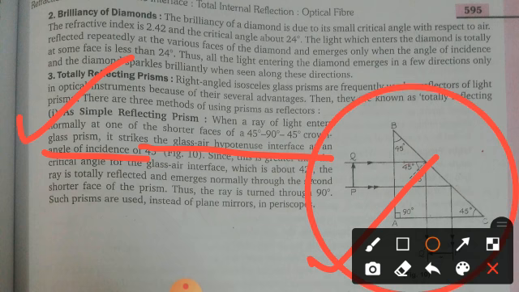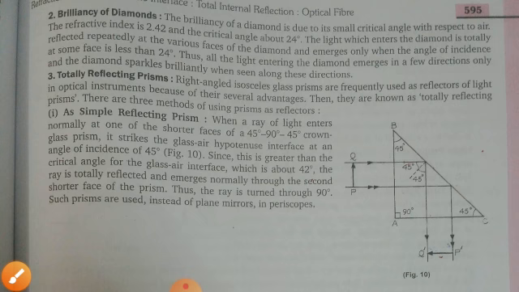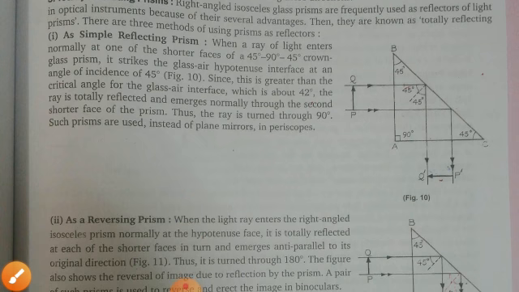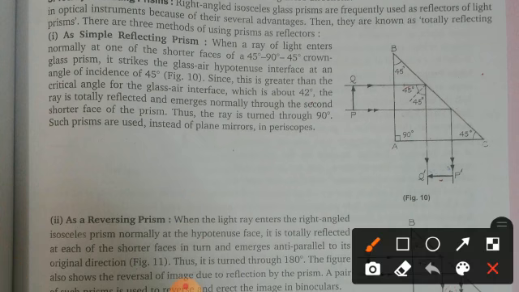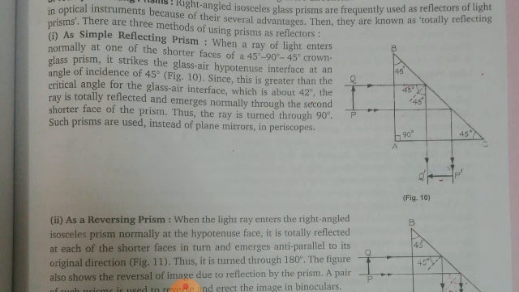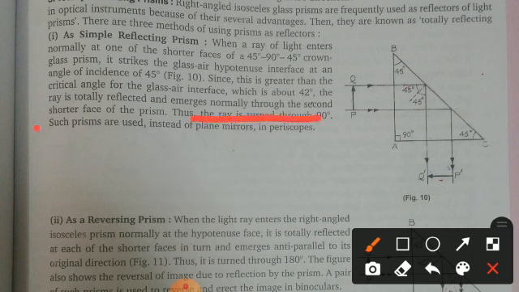Since this is greater than the critical angle for the glass-air interface, which is about 42 degrees, as I already told you above, the ray is totally reflected and emerges normally through the second shorter face of the prism. Thus the ray is turned through 90 degrees. Such prisms are used instead of plane mirrors in periscopes.